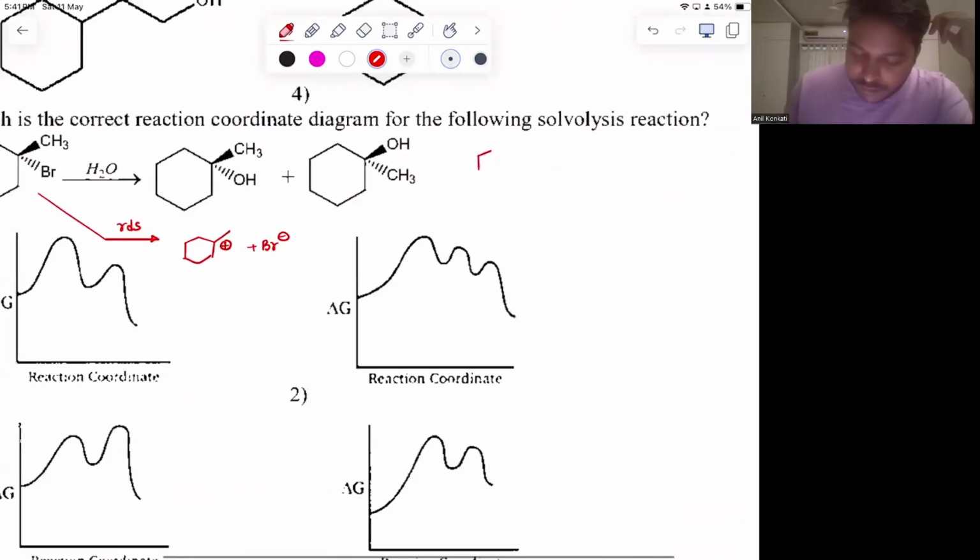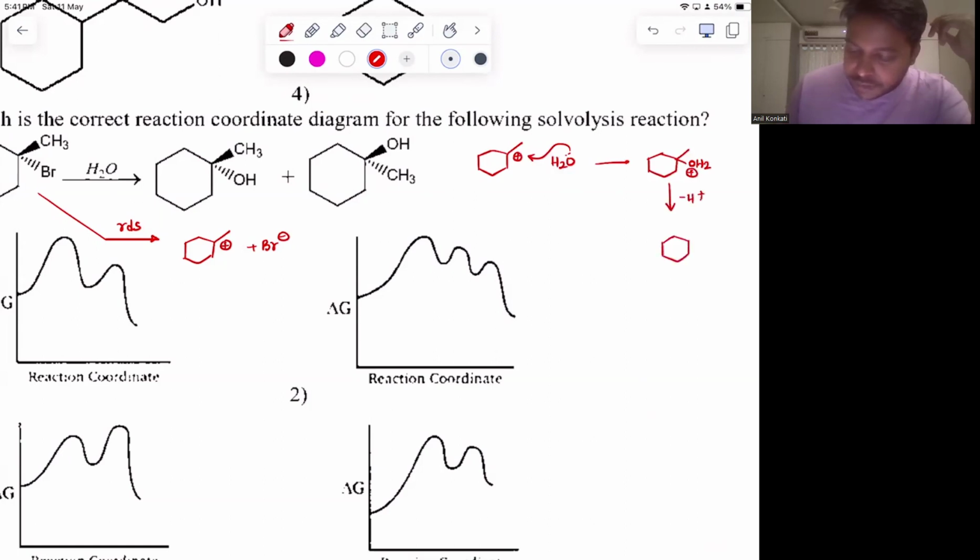Then the second step would be H2O attacking here, which makes it OH2+, the nucleophile attacking there. Next, the third step would be removal of proton. Thus, we will get this as OH.